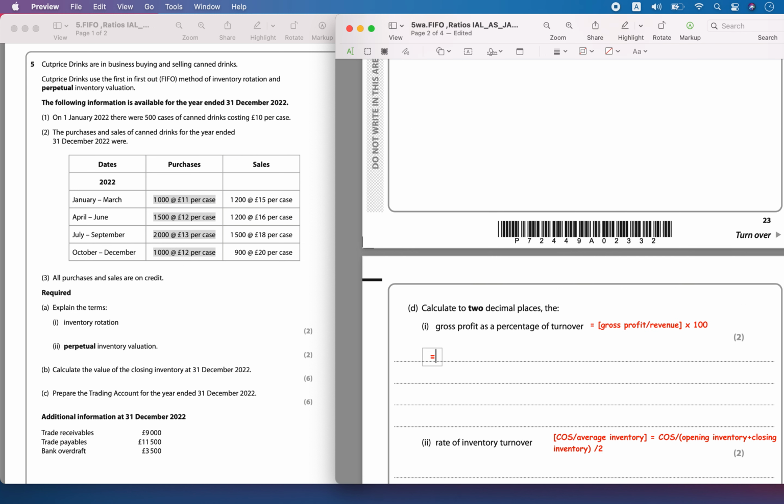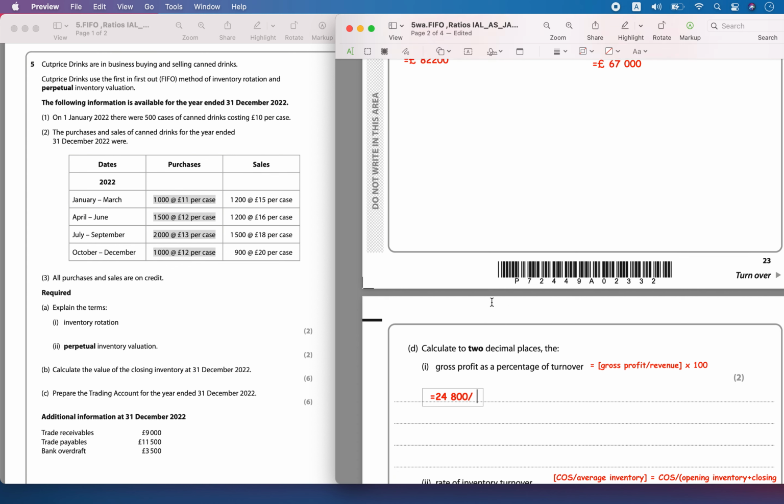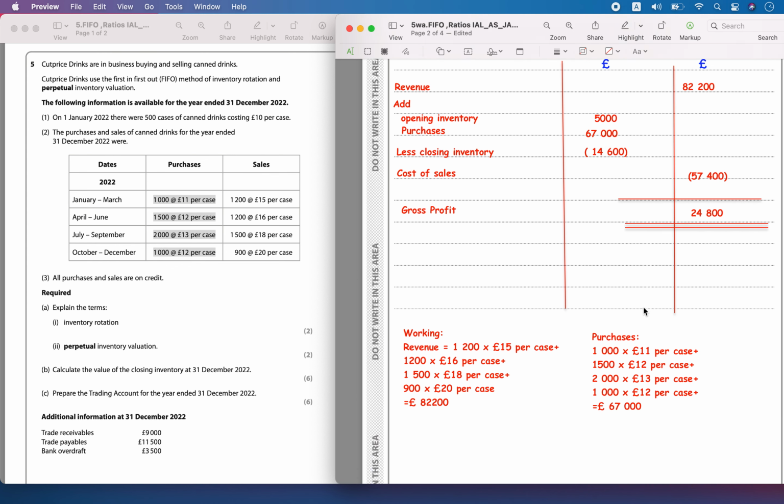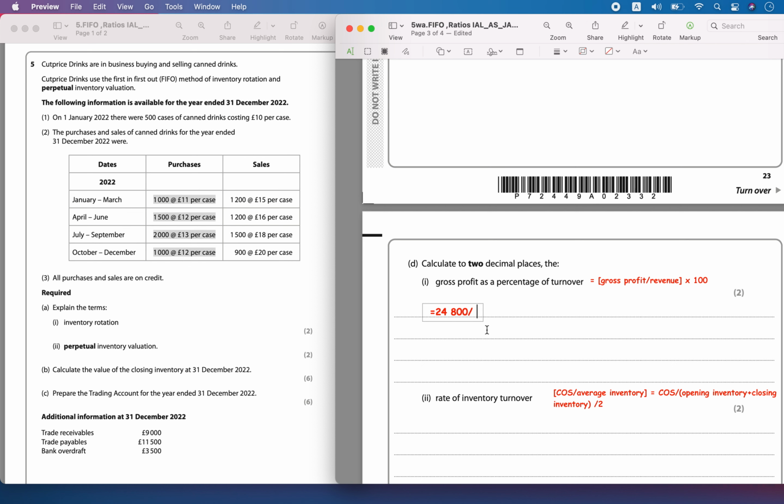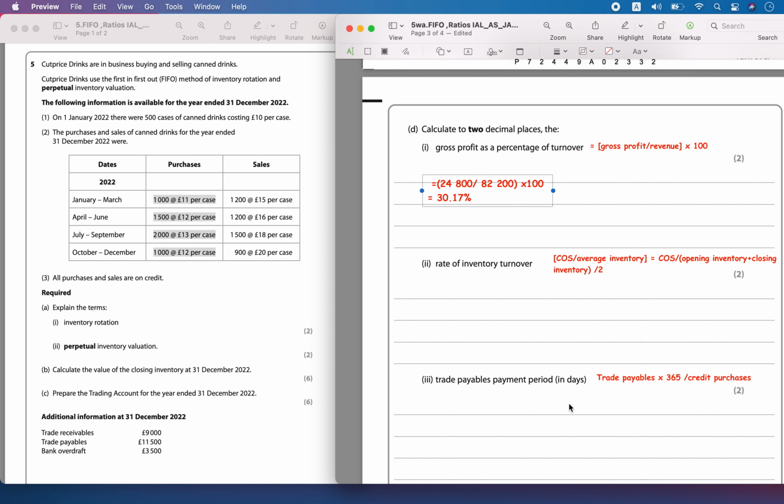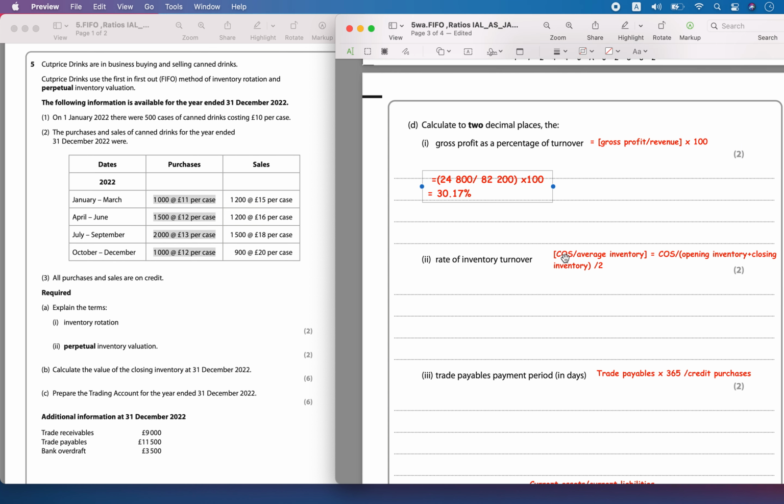So that is equal to 24,800 divided by revenue, which was around 82,200, okay, times 100. That gives 30.17 percent.